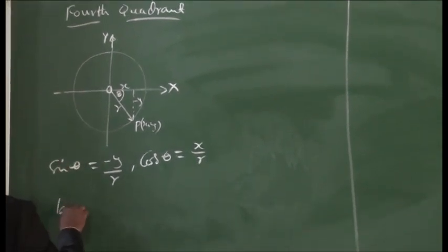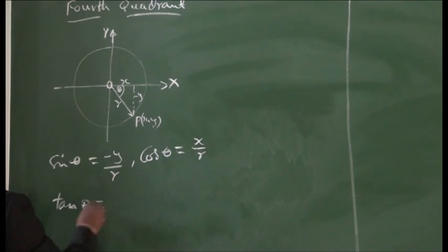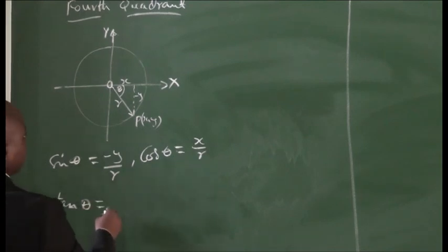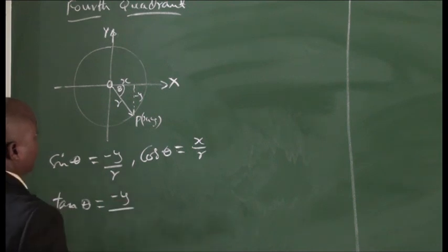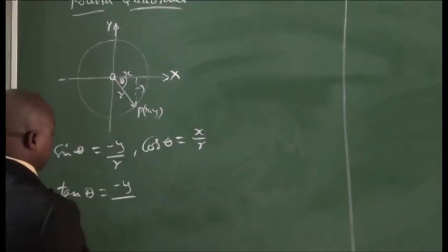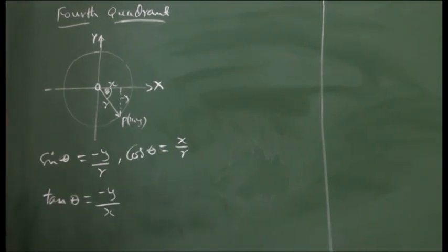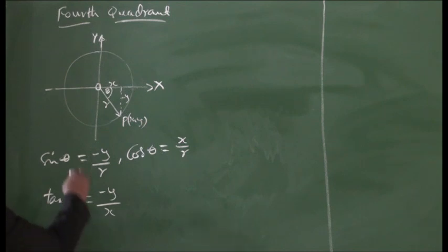Then tan theta is opposite, that is minus y, over adjacent, which is x. And we have that.